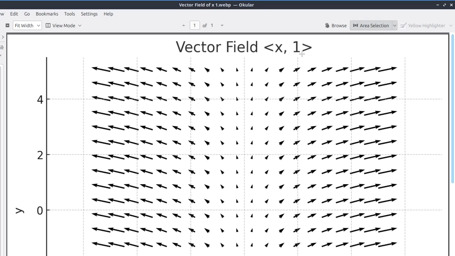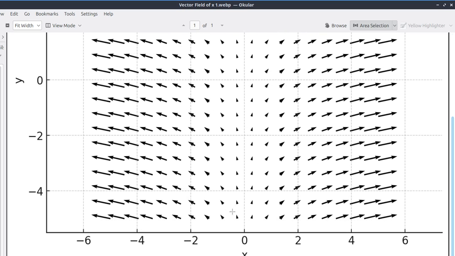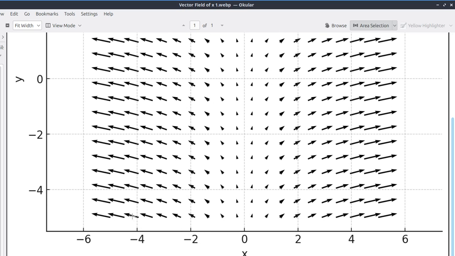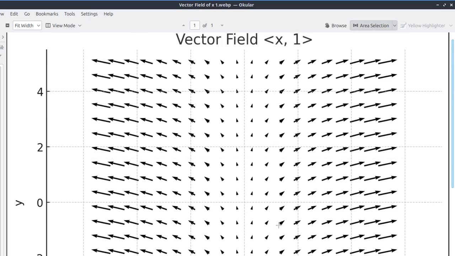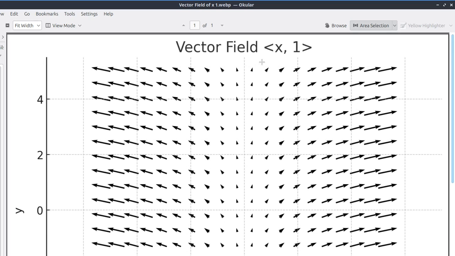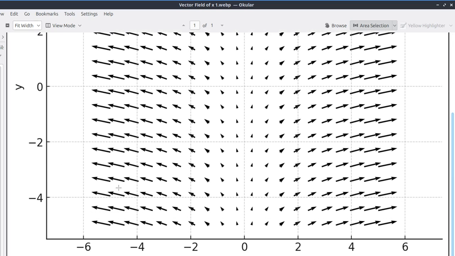So it's x in the x direction, in the horizontal, and 1 in the y direction, the vertical, right? Same thing over here when x is -2, -4, and so on, right? x gets longer, but y doesn't. y is always 1.